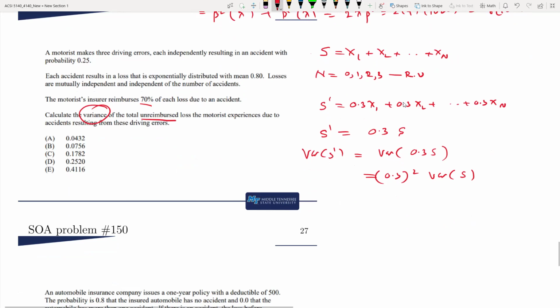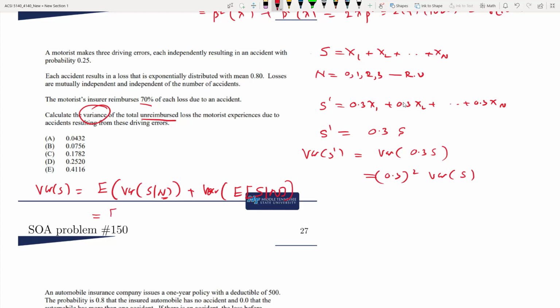So let's calculate variance of S. For that, I can apply the rule. This is going to be expected value of variance of S given n, plus variance of expected value of S given n. So when n is fixed, let's say n is some simple letter n, what's the variance of all of this?